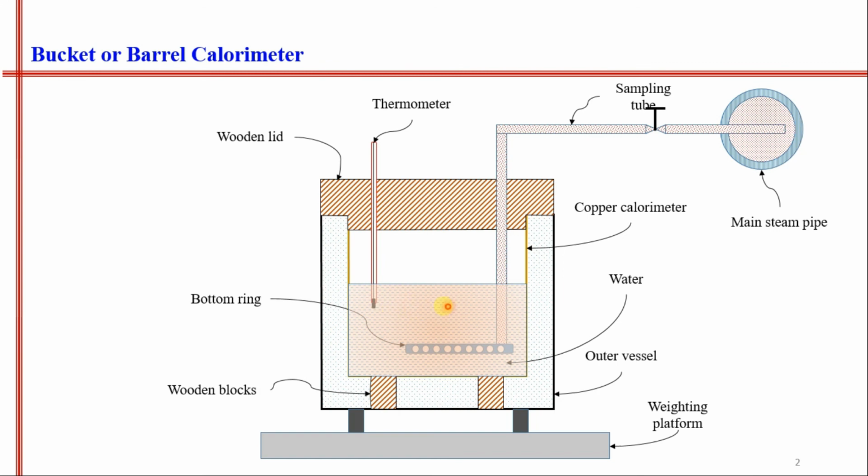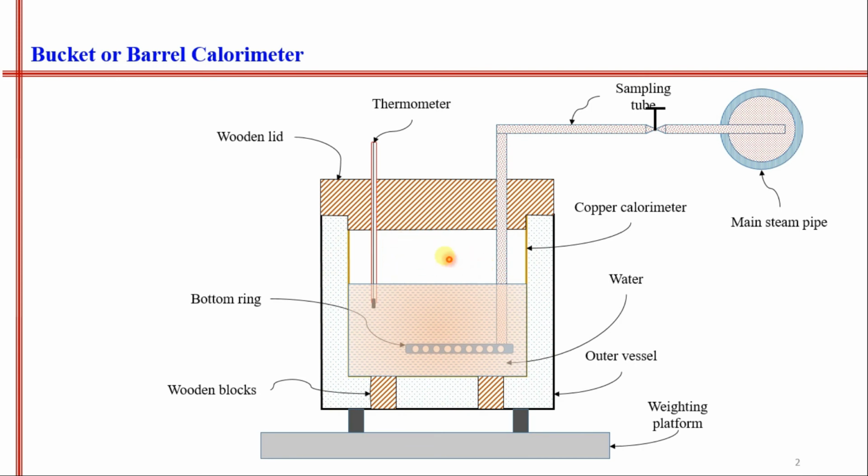If the temperature of the steam is much greater than the temperature of the water, there is a chance that the steam coming out of this hole may not be completely condensed in the system, and some steam may escape in this region.